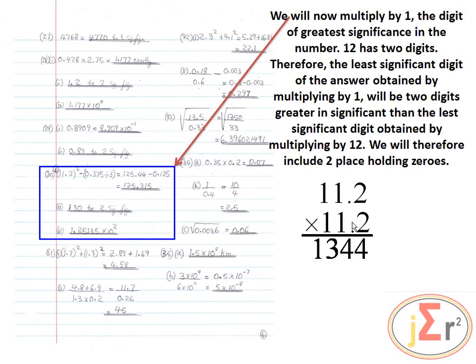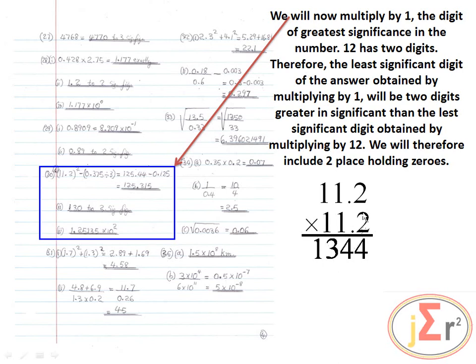Therefore, the least significant digit of the answer obtained by multiplying by 1 will be 2 digits greater in significance than the least significant digit obtained by multiplying by 12. We will therefore include 2 placeholding zeros.